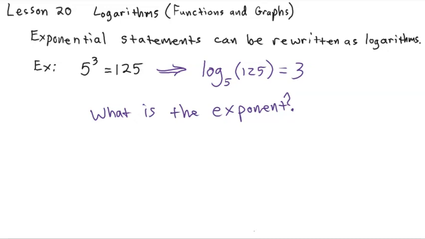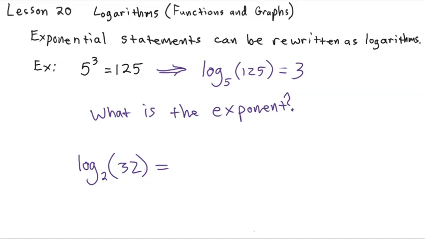Okay, so I could write another logarithm expression. Let's say I said log base 2 of 32. What this is saying is: 2 raised to what power will give us 32?